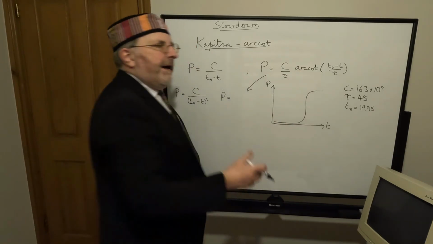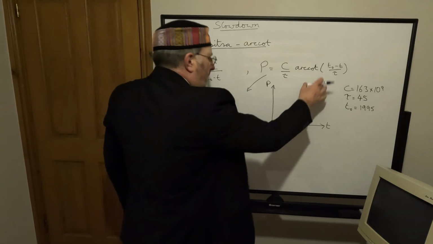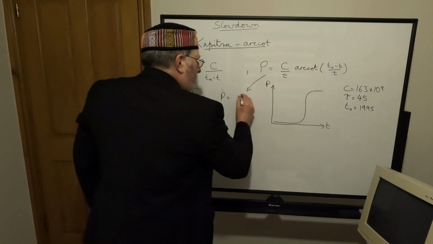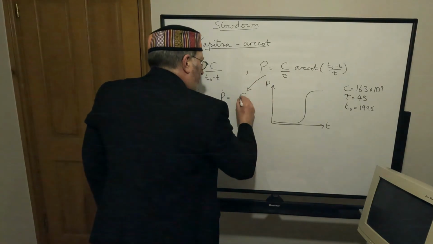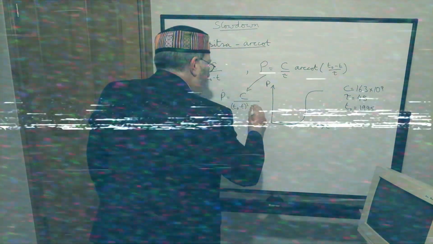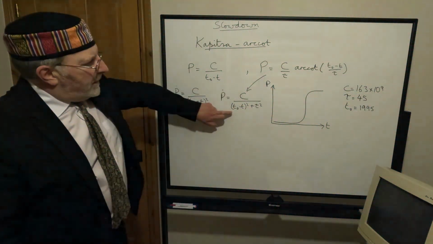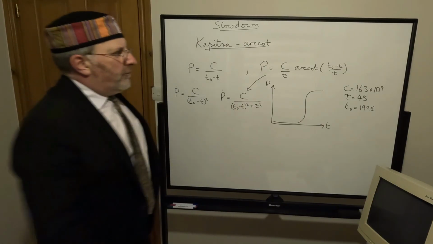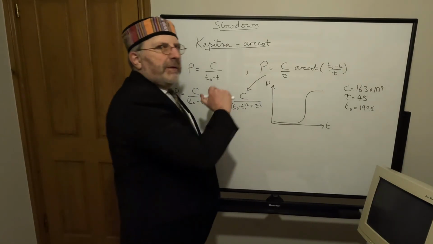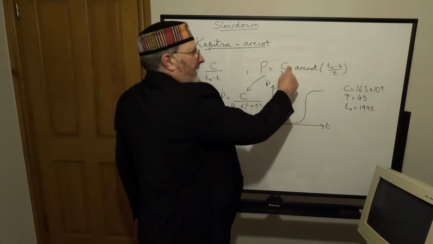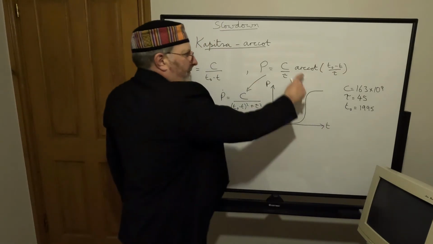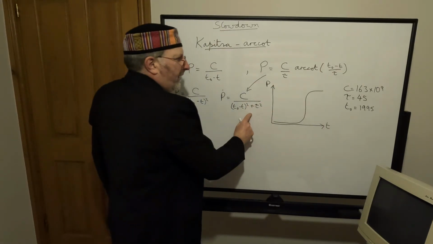It's not something we're going to work out from first principles, but just look up in a book. But what it comes to, if we differentiate that, is C over T0 minus T squared plus tau squared. And that's the reason for writing it in this particular way, having not just a constant there, but C over tau and T0 minus T over tau. Then if we write it like that, it comes to this.